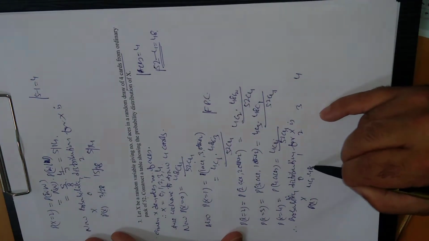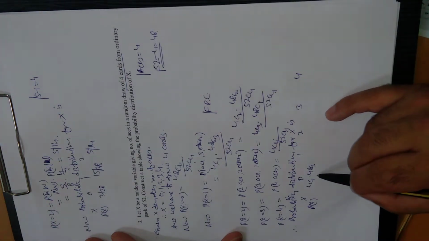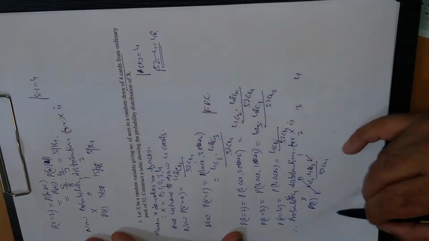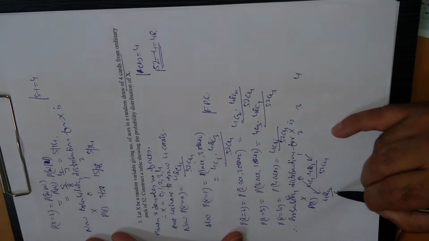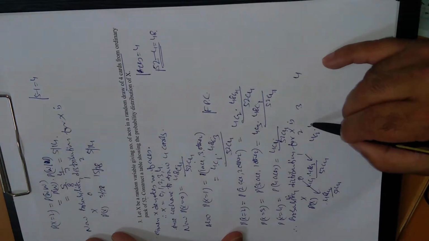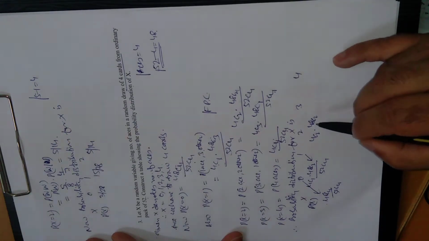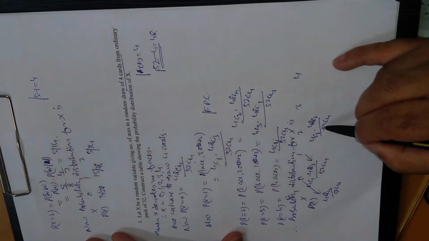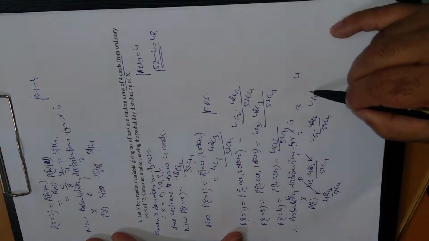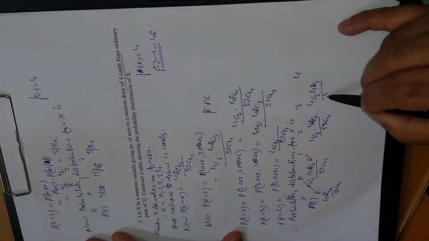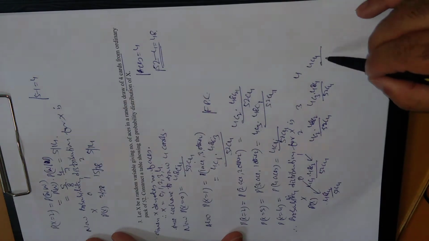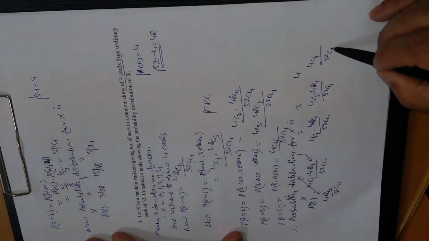4C1, 48C3, sorry, this is divided by 52C4. For this one, its probability will be here: 48C4 over 52C4. The second one is 4C2, 48C2 over 52C4, and for the third one 4C3, 48C1 over 52C4, and finally this one 4C4 over 52C4.